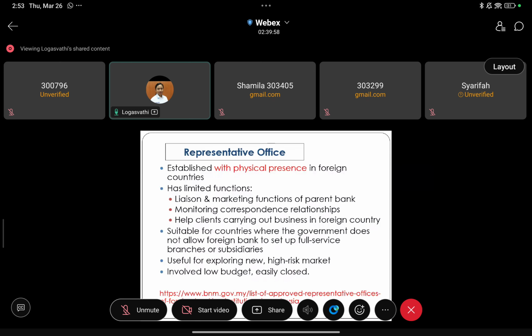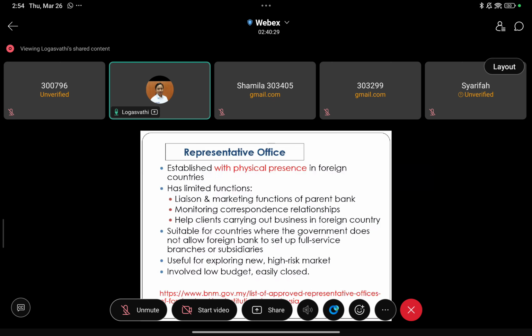All right. So normally a representative office is just to test the market. Let's say CIMB wants to open a branch in Brazil. Before opening, they cannot simply go to Brazil and open a branch. Cannot. They have to do homework. So how do they do the homework? They open a representative office in Brazil to see what the Brazil economic condition is, their social condition, the mindset of people over there, what the currency movement is.